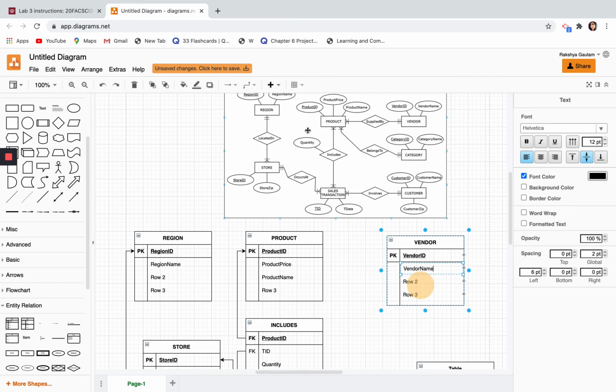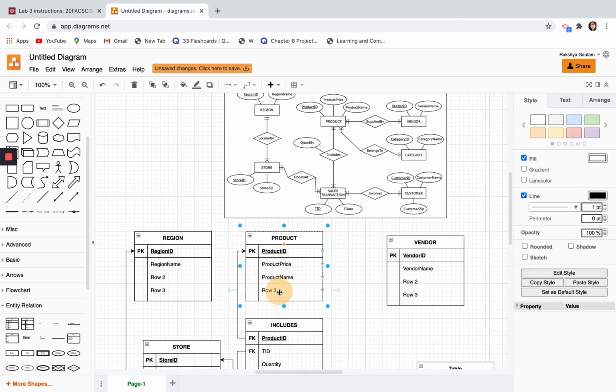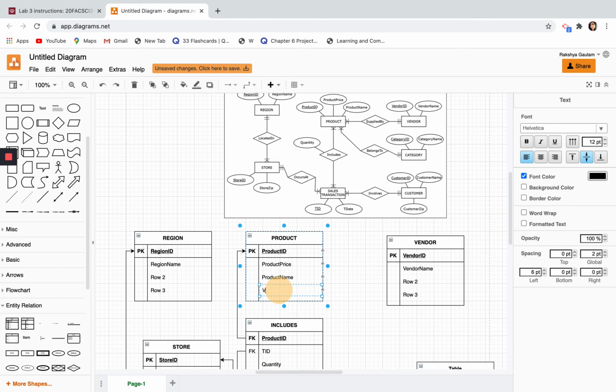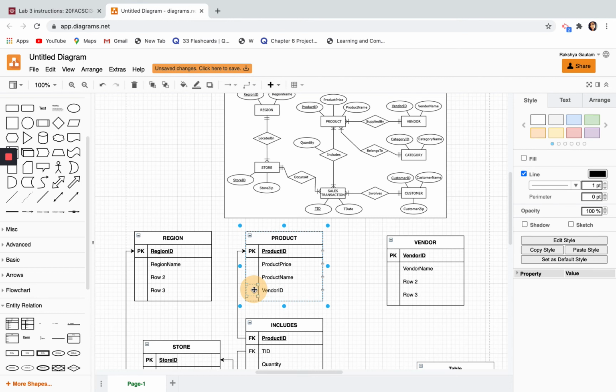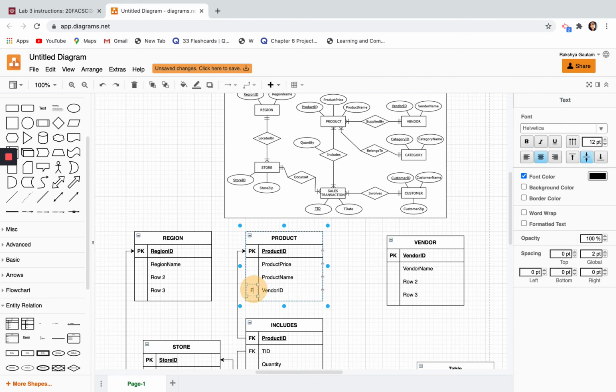As product also contains the information about the vendor, vendor ID will act as a foreign key for the product.